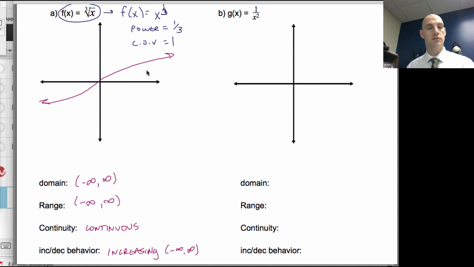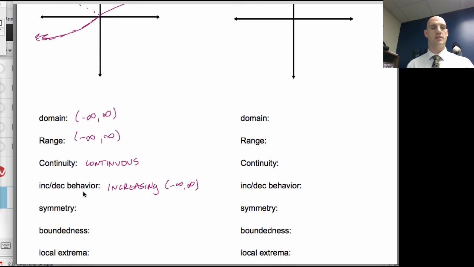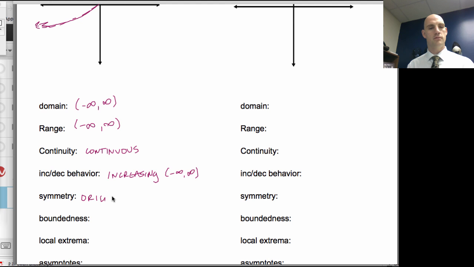It's not symmetric with respect to the x-axis, but if I took this and I flipped it over y, and then I flipped it over x, what would happen? Well, it would go to the part of the curve that's in the third quadrant. Well, what that means is it has origin symmetry, which means it's an odd function.